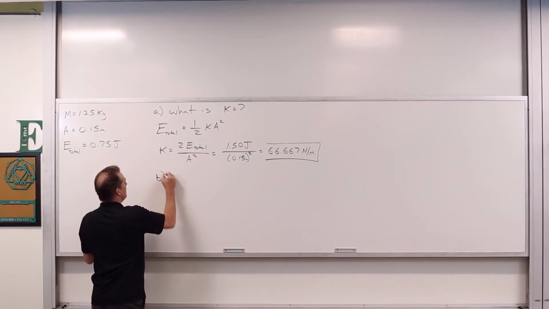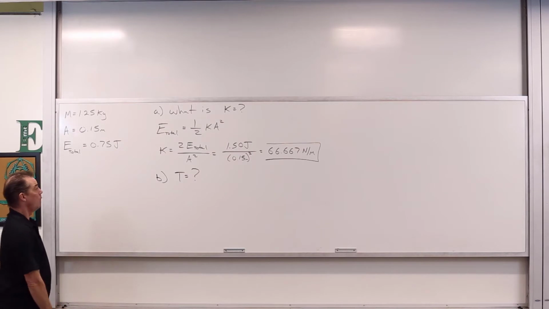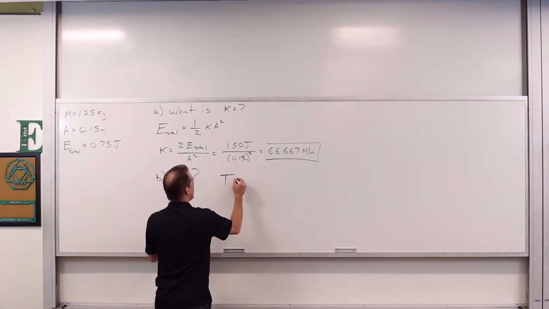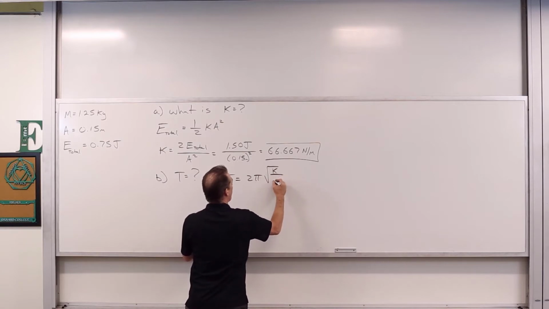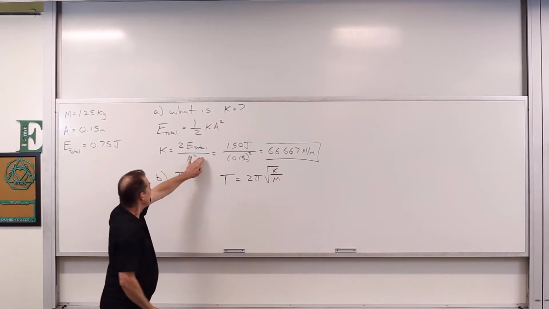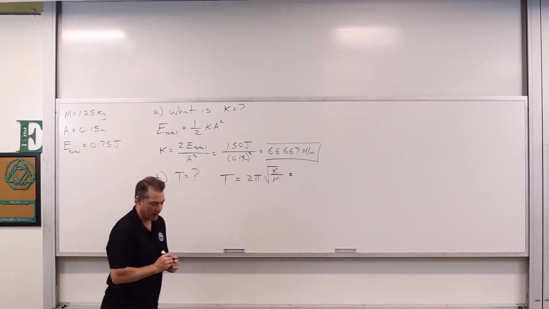Let's just go ahead and ask, hey, what's the period of these oscillations? Period is equal to a what? Well, the period, once again, is equal to 2 pi times the square root of M over K, where K is equal to this, which we just determined, and we can just go ahead and figure that out.